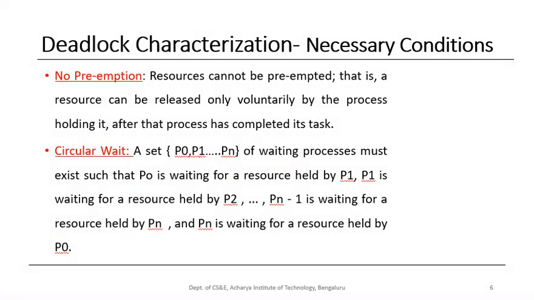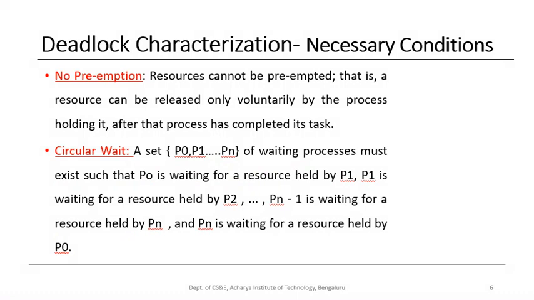If a resource is being held by a process, the process will not release it until it is done with that resource. It has to release it voluntarily. The resource cannot be forcefully taken from that process and given to some other process, which is known as no preemption.